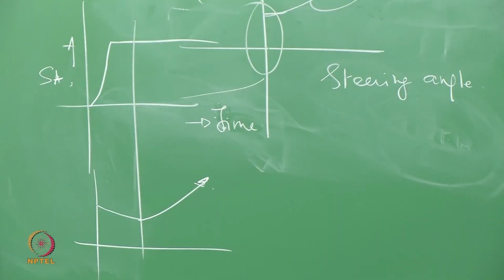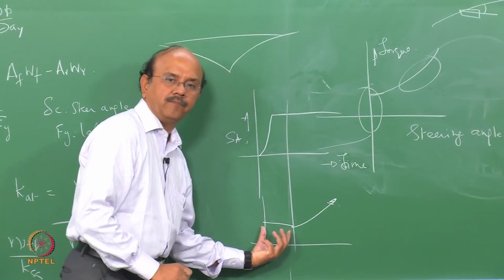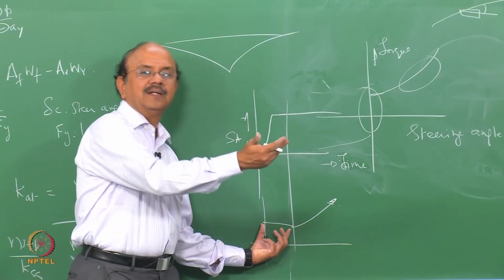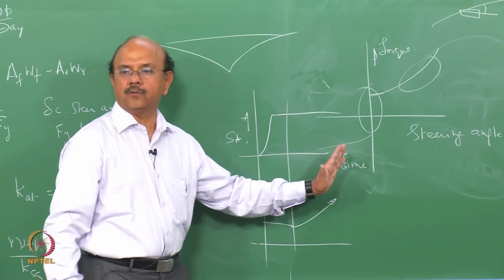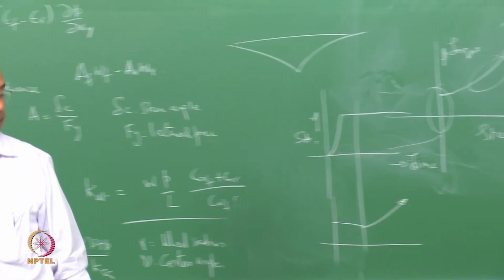So how much it goes is what we call a steering gain, but this time after which that vehicle realizes that there is a steering input and starts changing the course, that is what we call steering response.